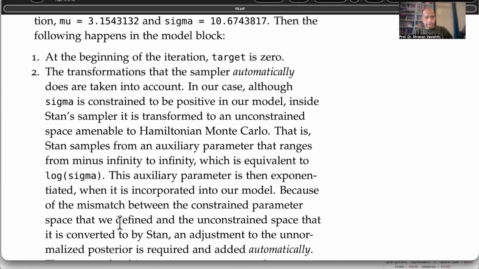So one thing, this is a side note, okay? One thing is that the sigma parameter is constrained to be positive, but the actual sampling that's happening is automatically done by Stan such that the sampling of the sigma parameter is in an unconstrained space.